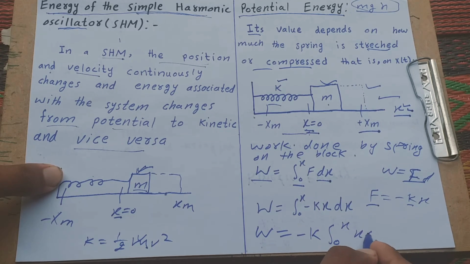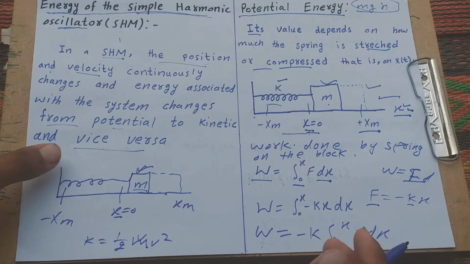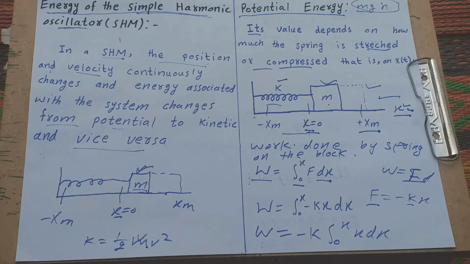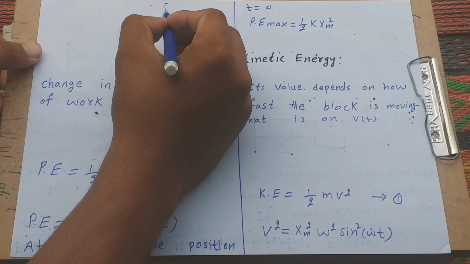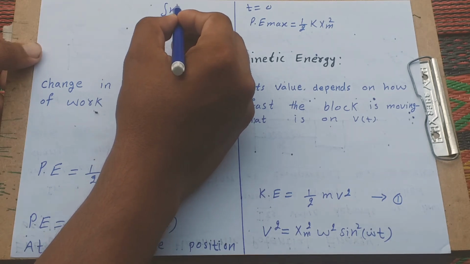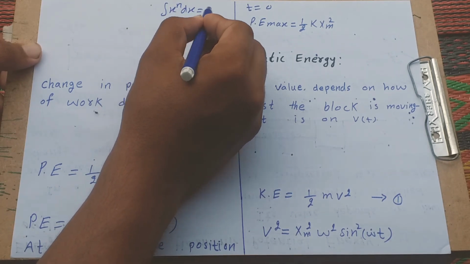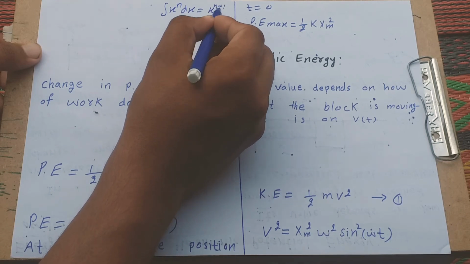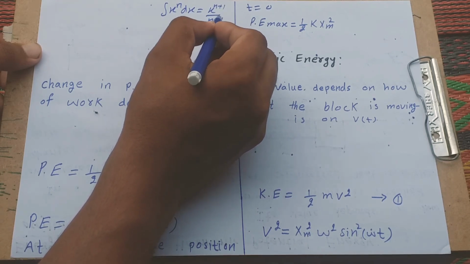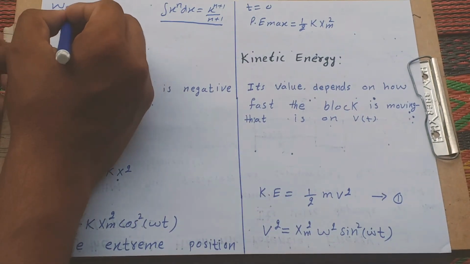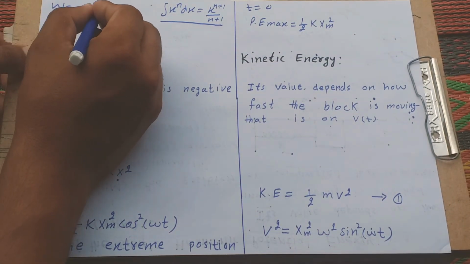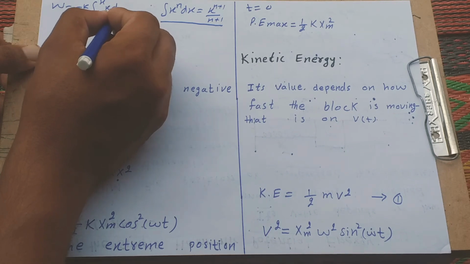We only integrate on x. First, to understand how we integrate: the integral of x to the power n is x to the power n plus 1 over n plus 1. We integrate in this way, and we already know F is equal to minus k, limits 0 to x.